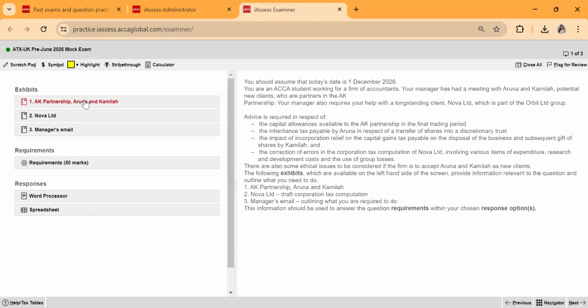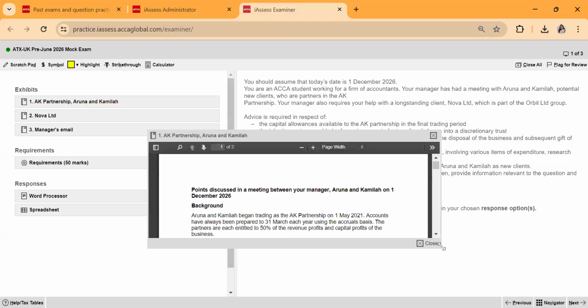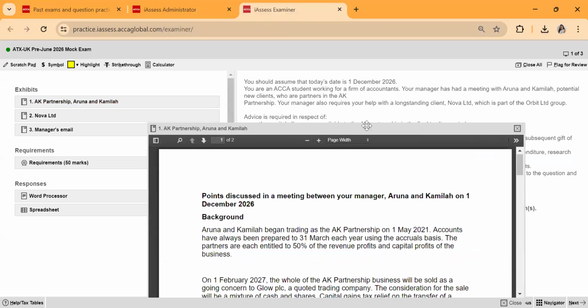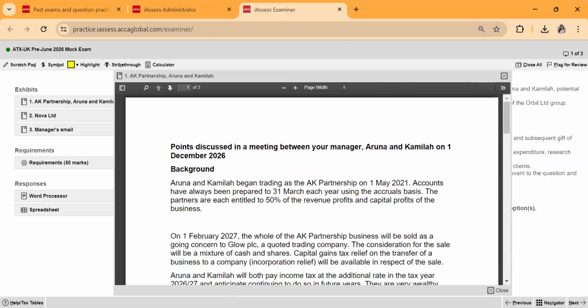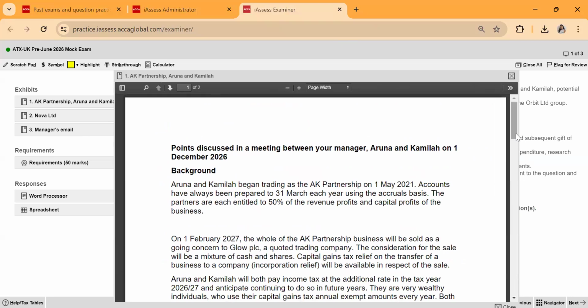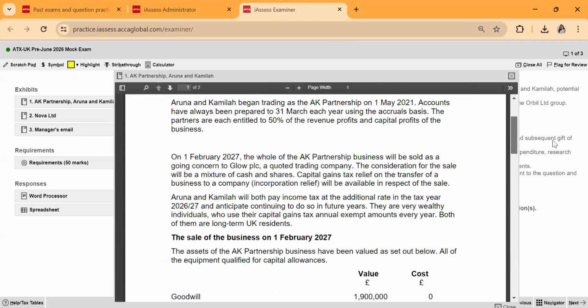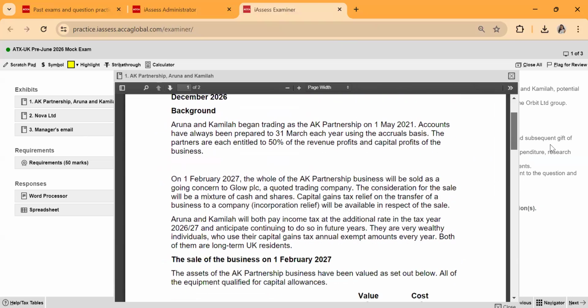Let's read it here. AK partnership. Points discussed in a meeting between you, your manager Aruna, and Aruna on 1st December 2026. Background: Aruna and Kamila began trading as the AK partnership on 1st May 2021. Accounts have always been prepared to 31st March each year using the accruals basis.